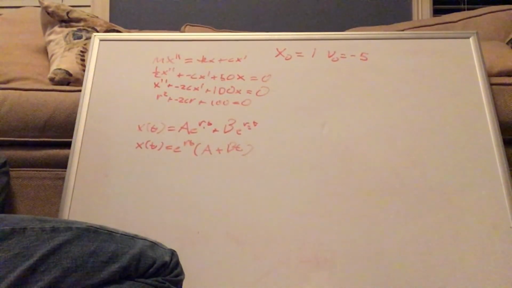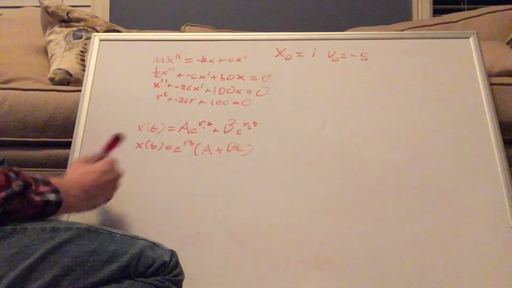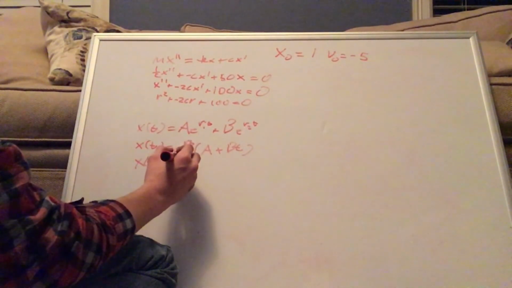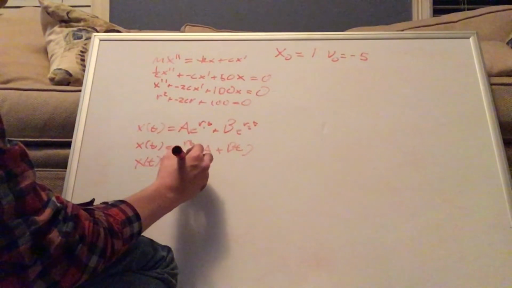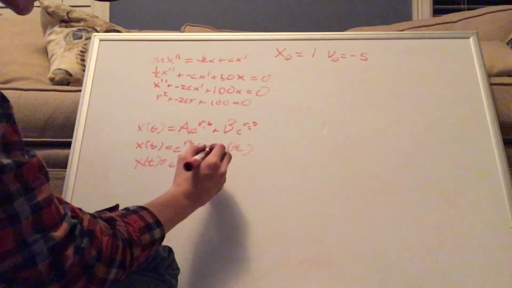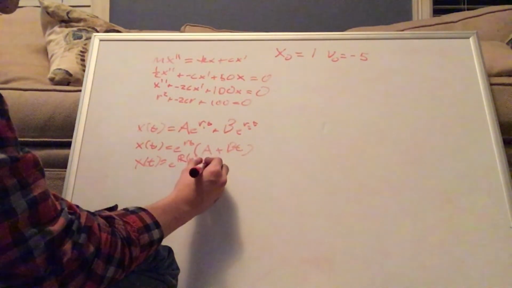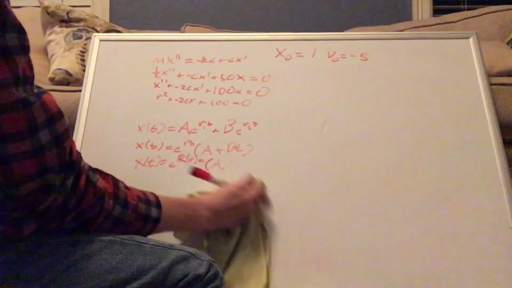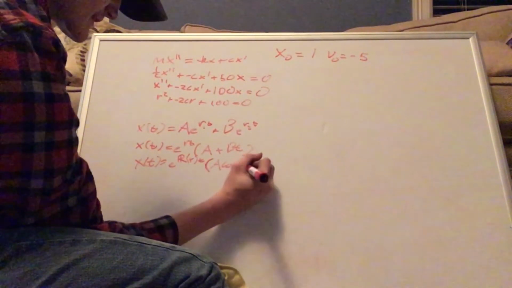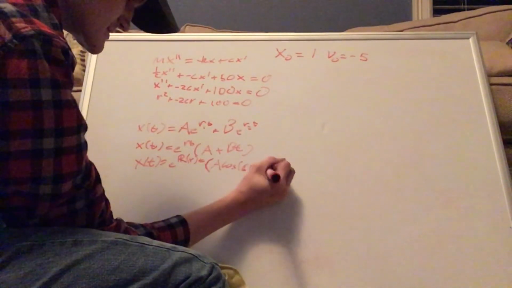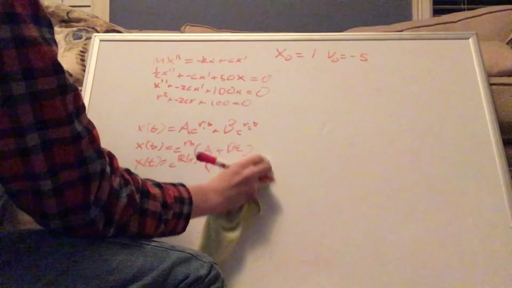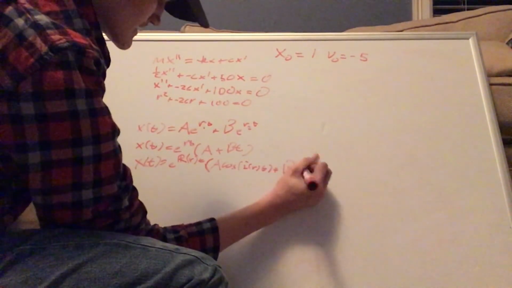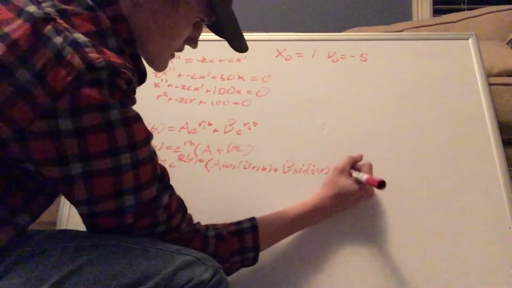And when there's 2 complex roots, you're going to have x of t equals e to the real part of the root times t, multiplied by a cosine of the imaginary part of the root times t plus b times the sine of the imaginary part of the root times t.